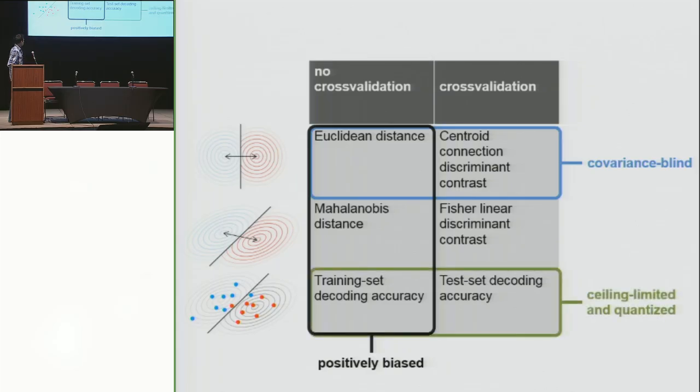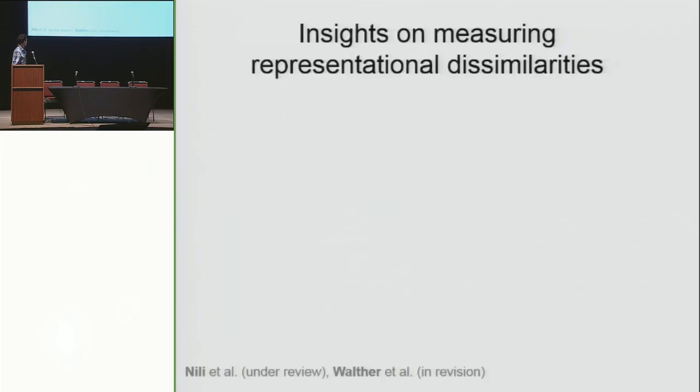And these decoding accuracies are ceiling limited because they can't exceed 100%, and they're quantized, especially when there are not so many different levels to the possible decoding accuracies, and that makes them less reliable. So in this picture, the Fisher linear discriminant contrast starts looking very good, and this is what we're using now to measure representational distances.